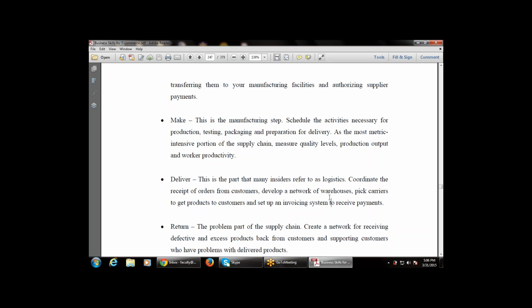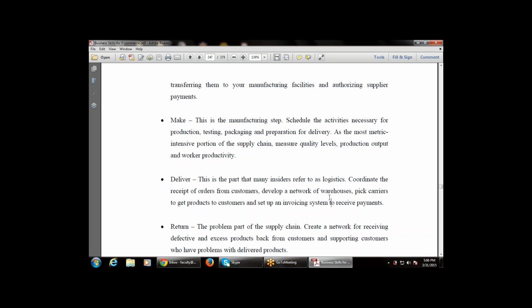Suppose I supply many products to the customer and from that there are some defective products and there are some products that are in excess.